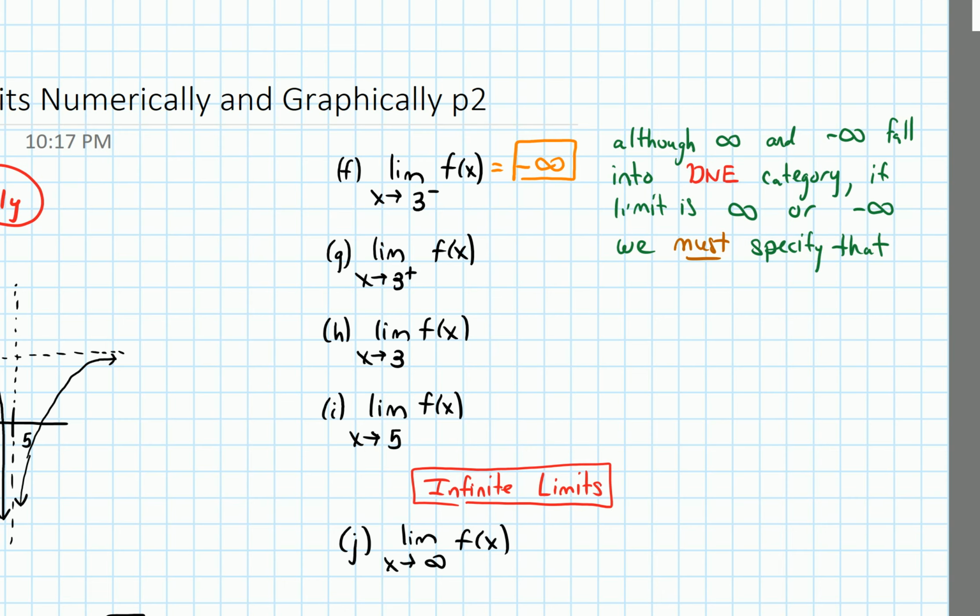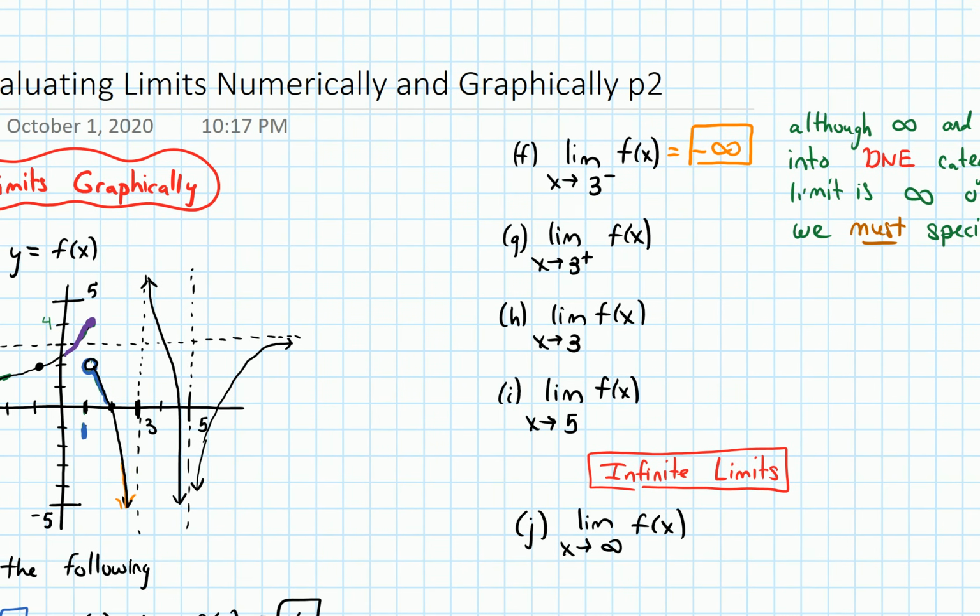So it wouldn't have been wrong in F to say that it does not exist, because it technically does not exist, but it's just not specific enough. Because the limit as x was approaching 3 was getting infinitely negative, we need to specify and say that. And writing negative infinity is how we get specific about that.